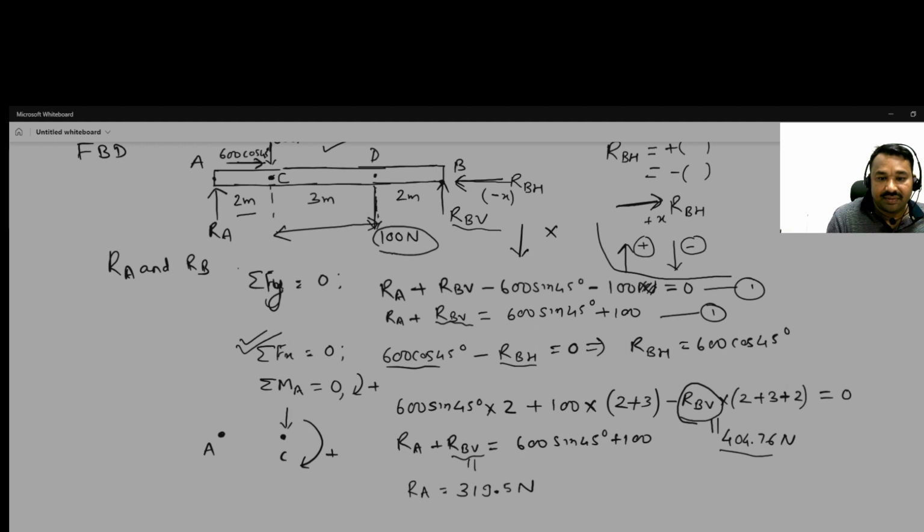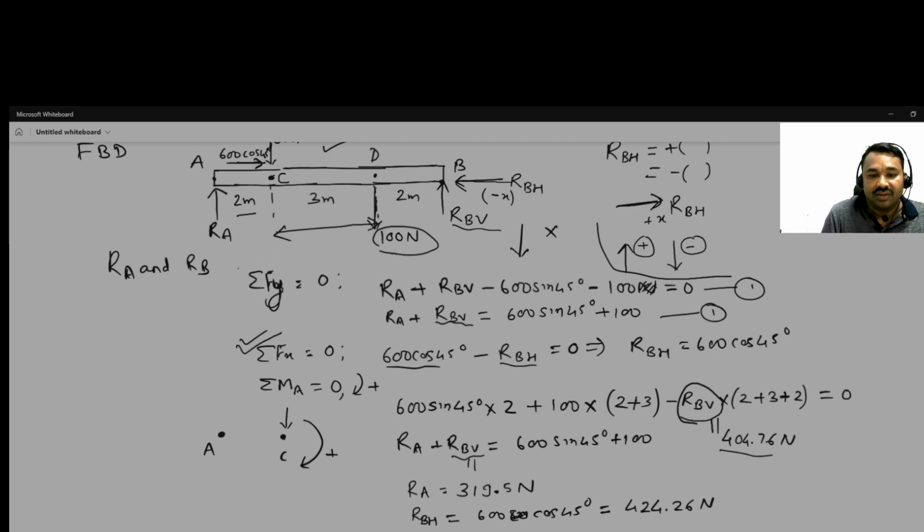Okay, and already we have got from here RBH, and this is what, RBH is 600 cos 45 degree, which is equal to 424.26 Newton.